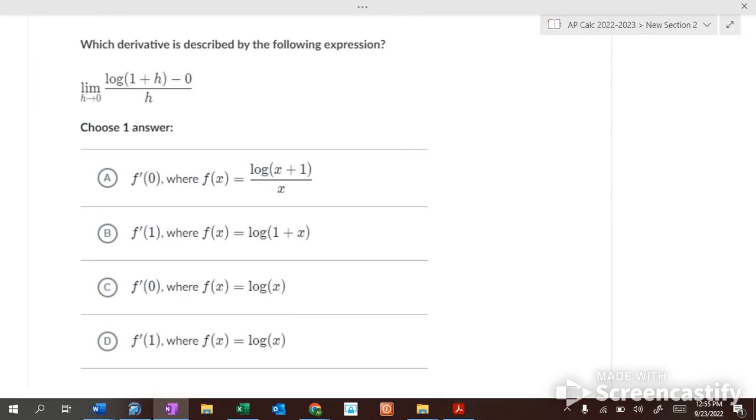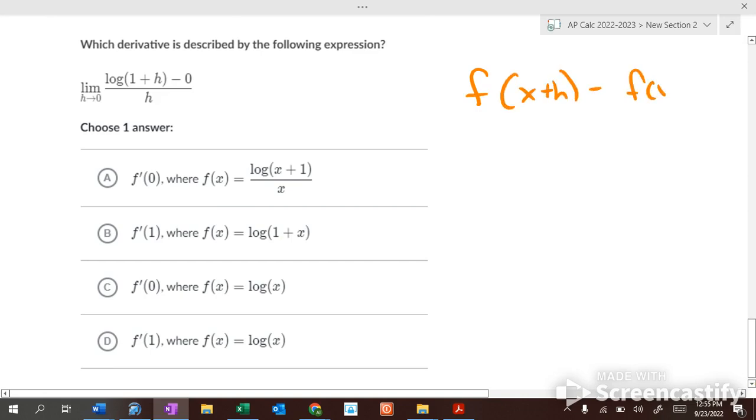So this is the traditional formal definition of a derivative. It's f of x plus h minus f of x over h. So what would our function be?